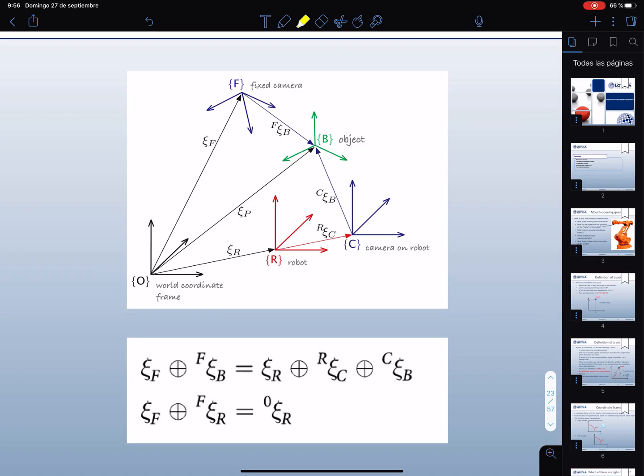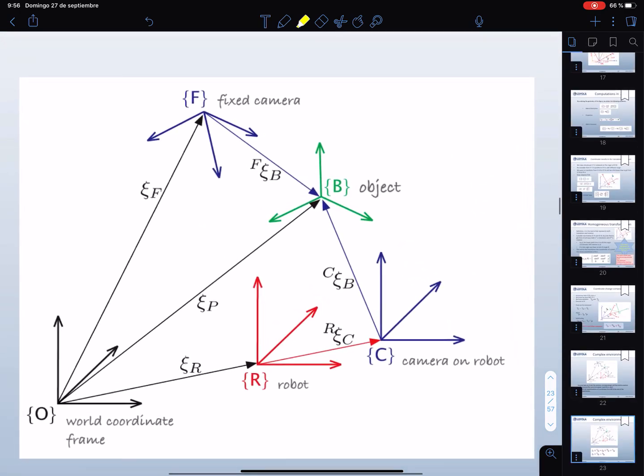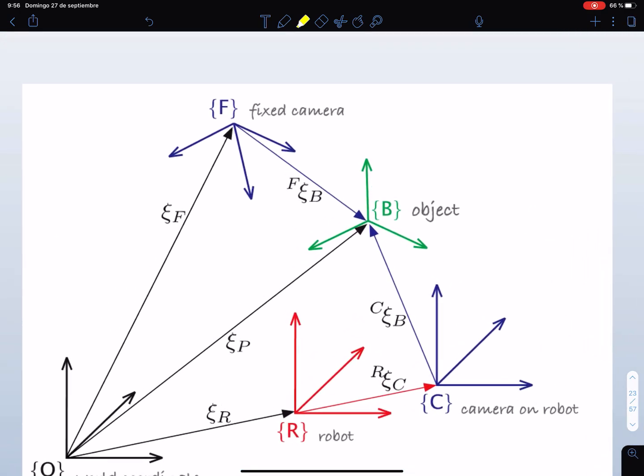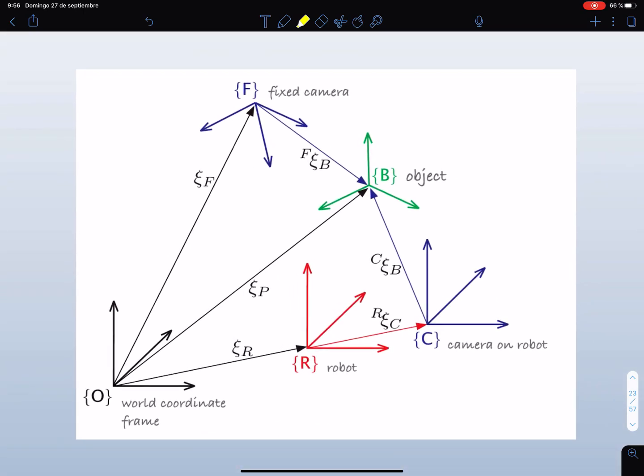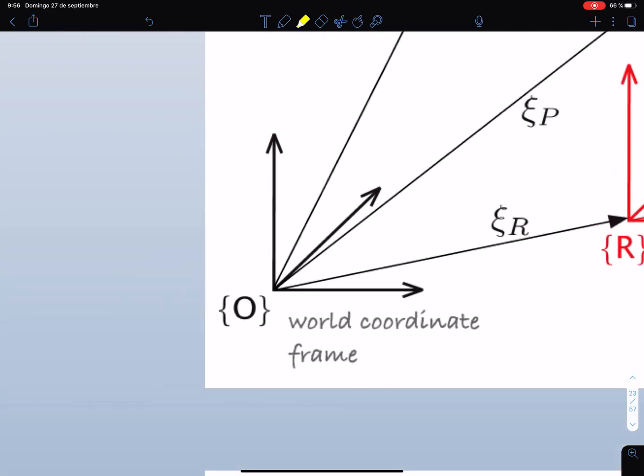And now let's make a quick exercise. Okay, we will just figure out that we have a working environment for a robot where there are a set of coordinate frames associated to one element of the operating system. The first coordinate frame is the world coordinate frame.